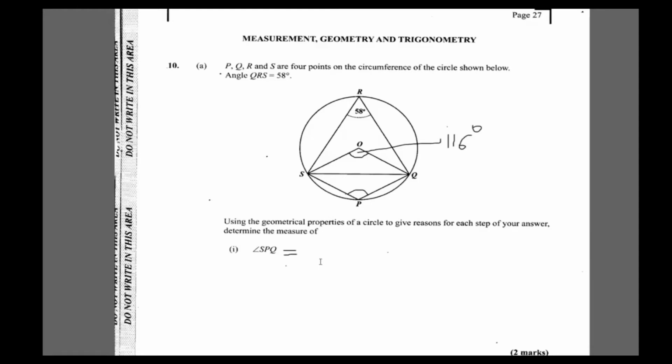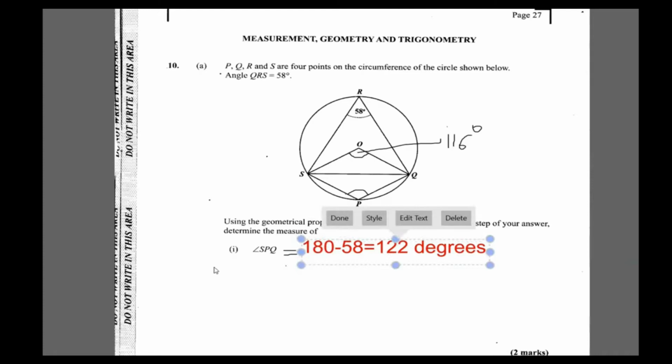Angle SPQ is equal to 180 minus 58, which is equal to 122 degrees. That's angle SPQ, 122 degrees. What's the reason?